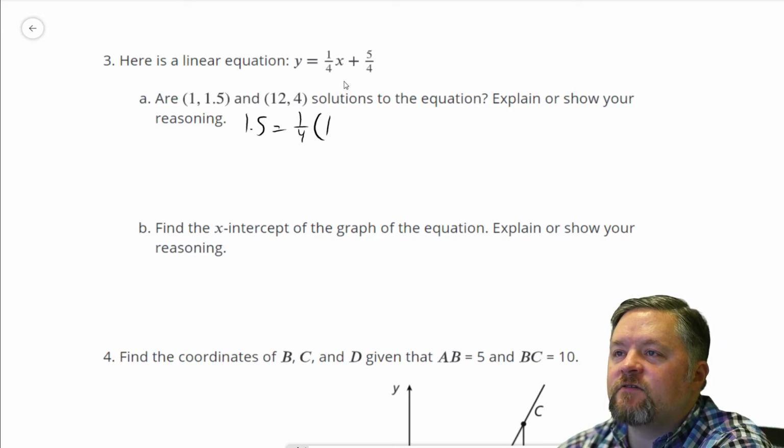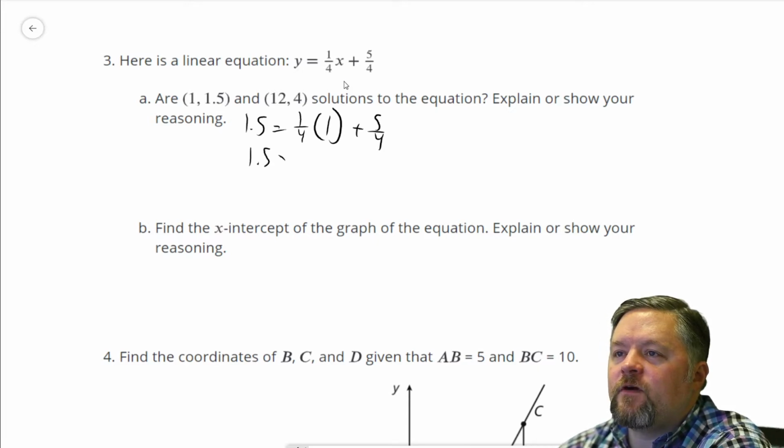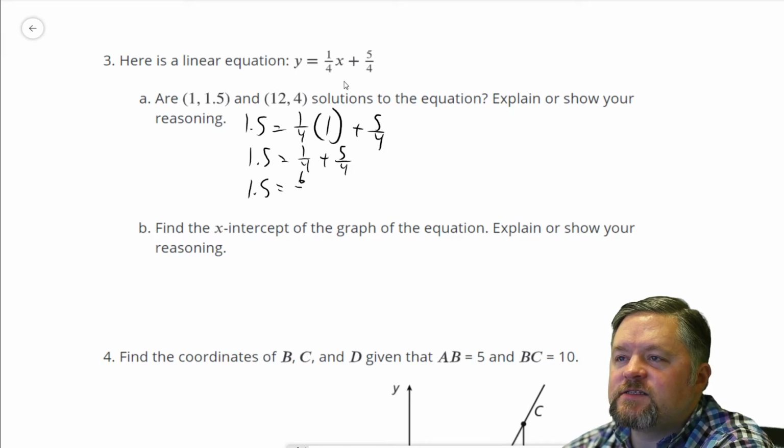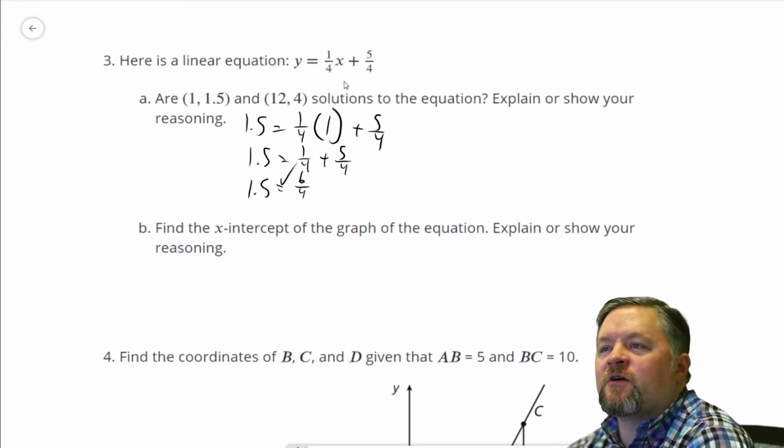Substitute in the x value plus 5/4. Okay, 1.5 equals 1/4 times 1 is 1/4 plus 5/4. 1.5 equals 1/4 plus 5/4 is 6/4. 6/4? Yes, that's 1.5. That point works.